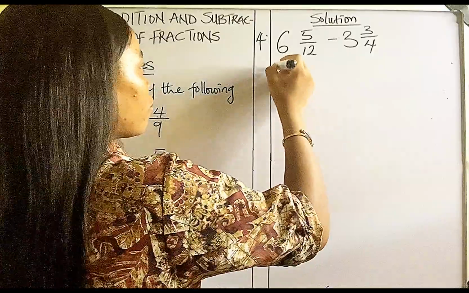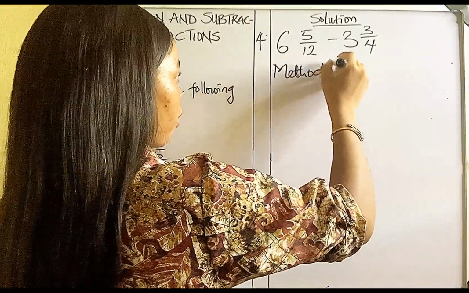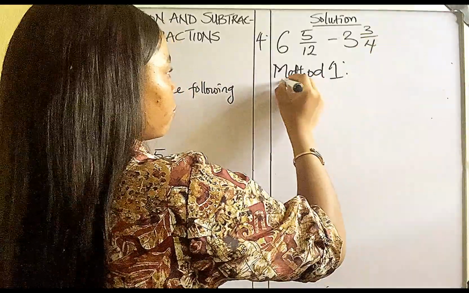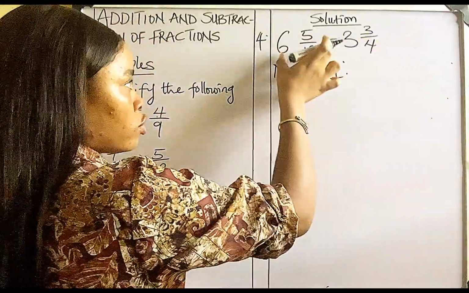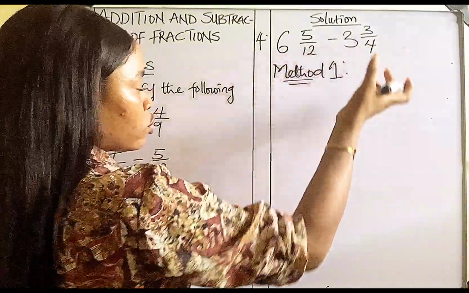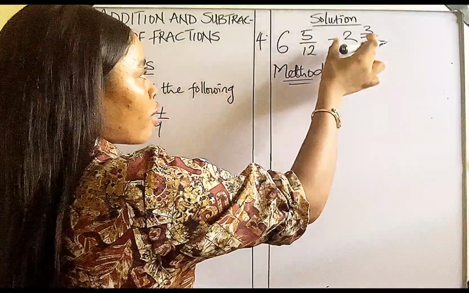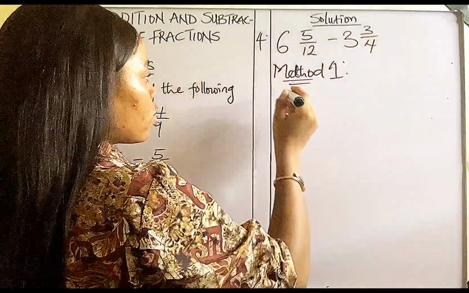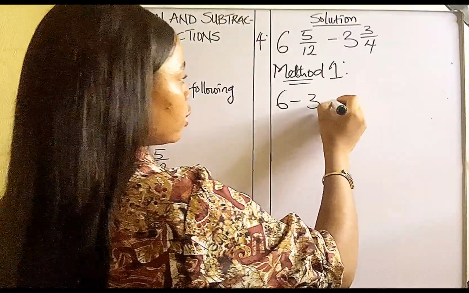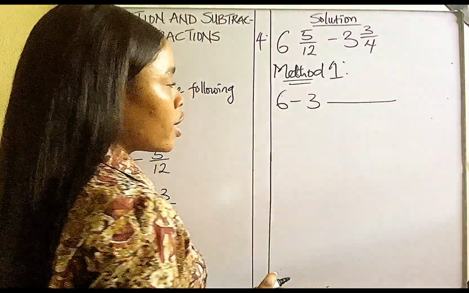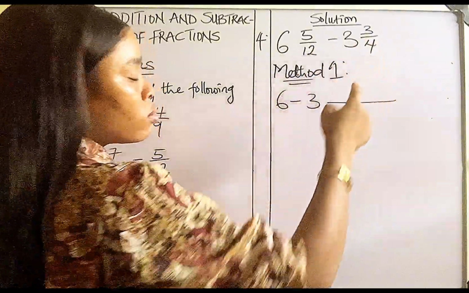Now we have method 1. You see that these fractions are mixed fractions. So in method 1, you subtract the whole numbers, that is 6 minus 3, and then the next thing to do, remember, they do not have the same denominator.